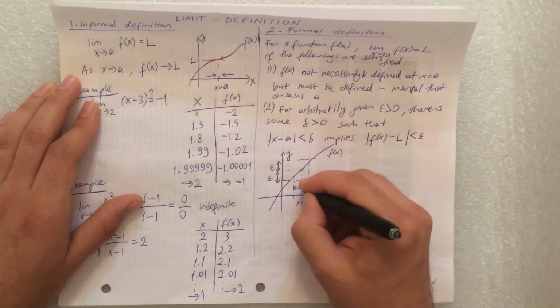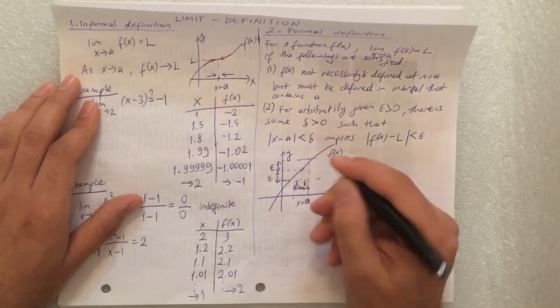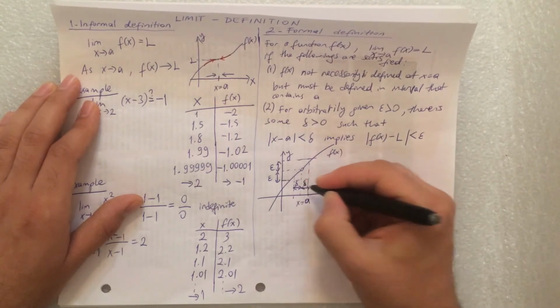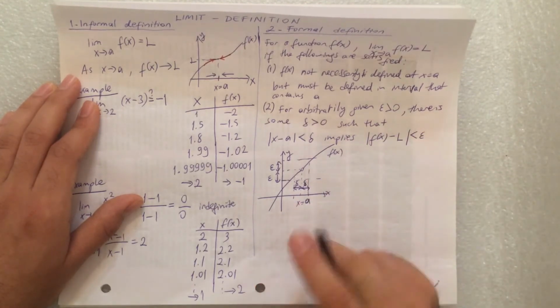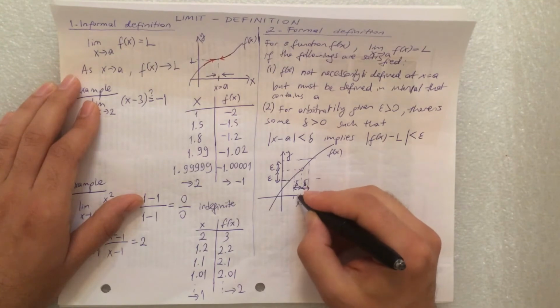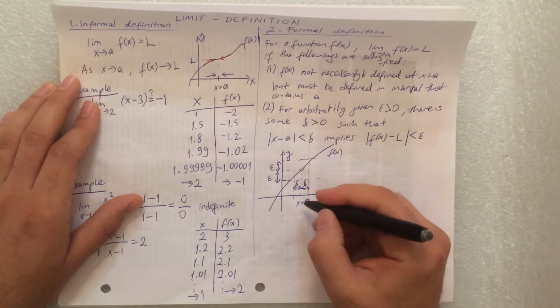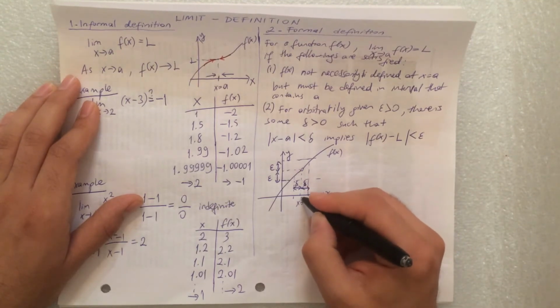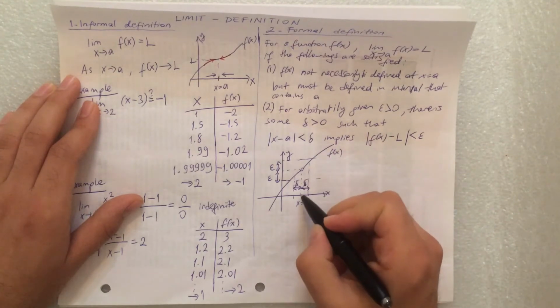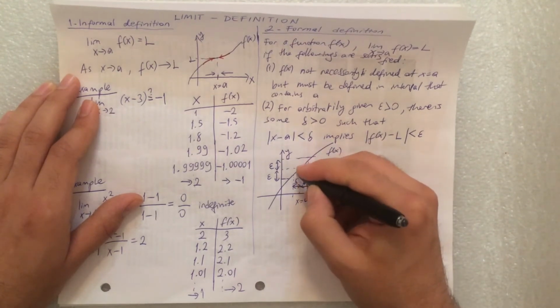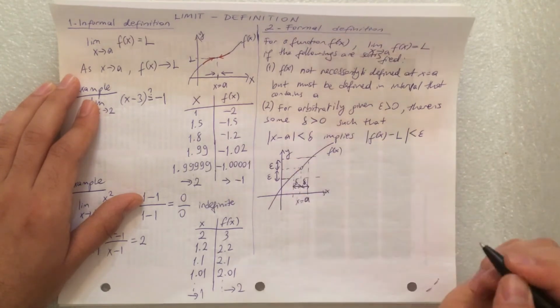if we are close enough to a, now we define what close means. So if the chosen value of x is closer to a than the value of delta, the value of f(x) is going to be within this interval.